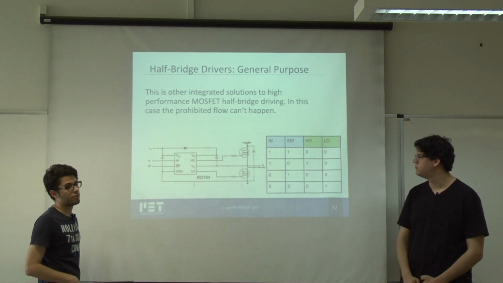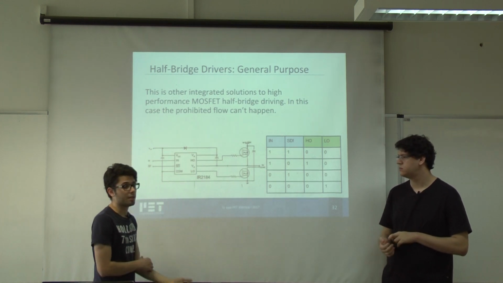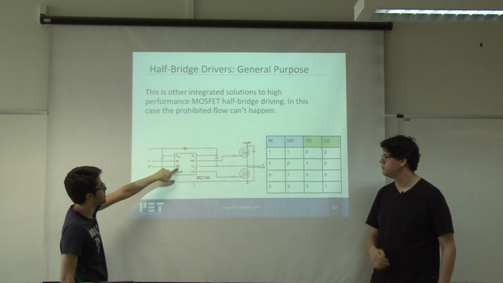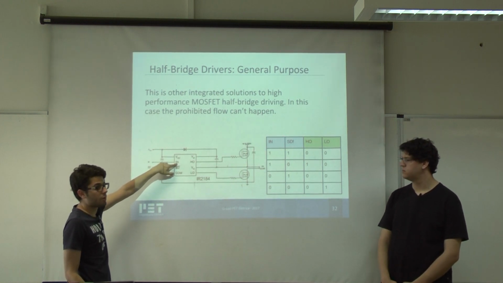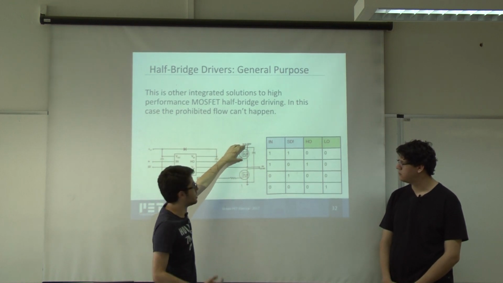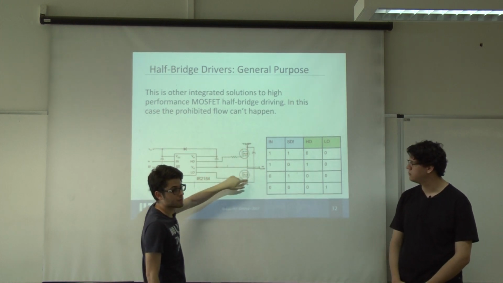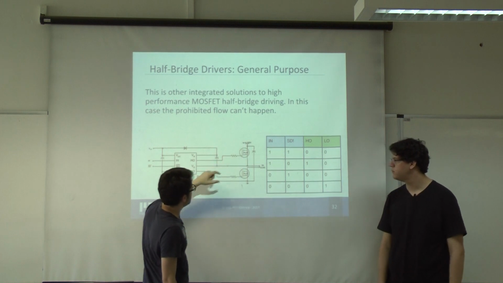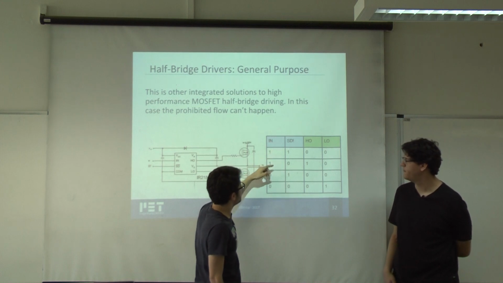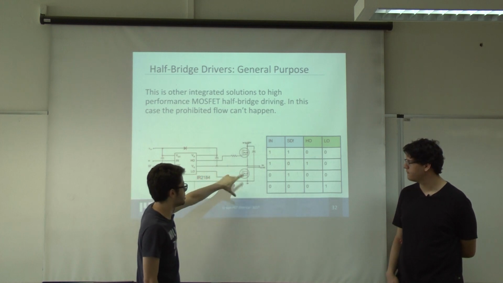So this is another driver. This is safer because we don't have the non-permitted circuit. Because now, if this is turned on, this will be turned off. This guarantees that the current will never flow like this. So to turn this on, you put the 1 here. So you can set the way that you want.